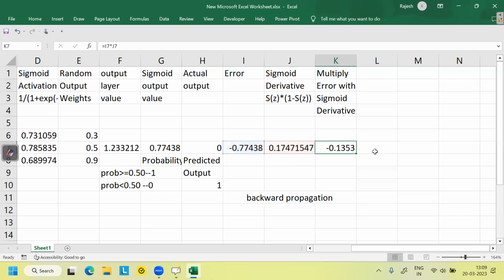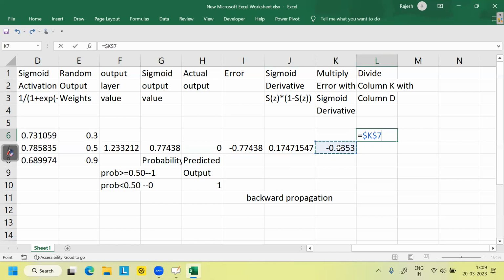Got it? Then divide column K with column D. That means is equal to, it has to be fixed by pressing Fn F4.